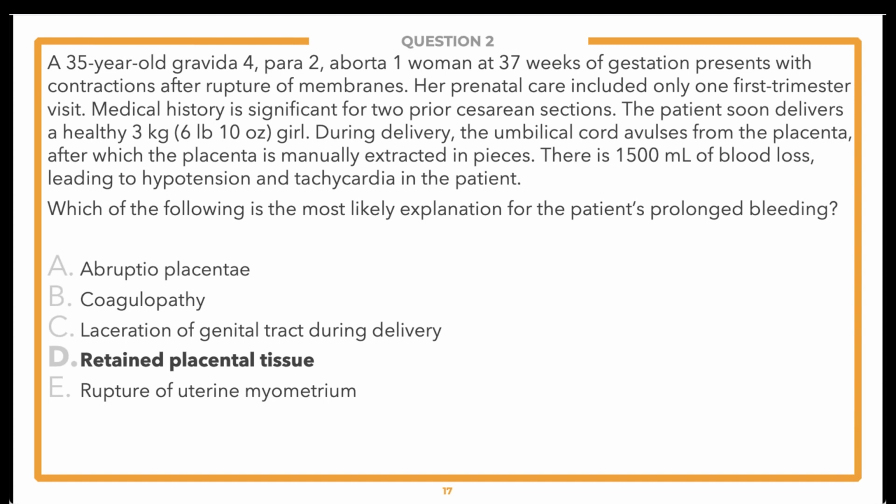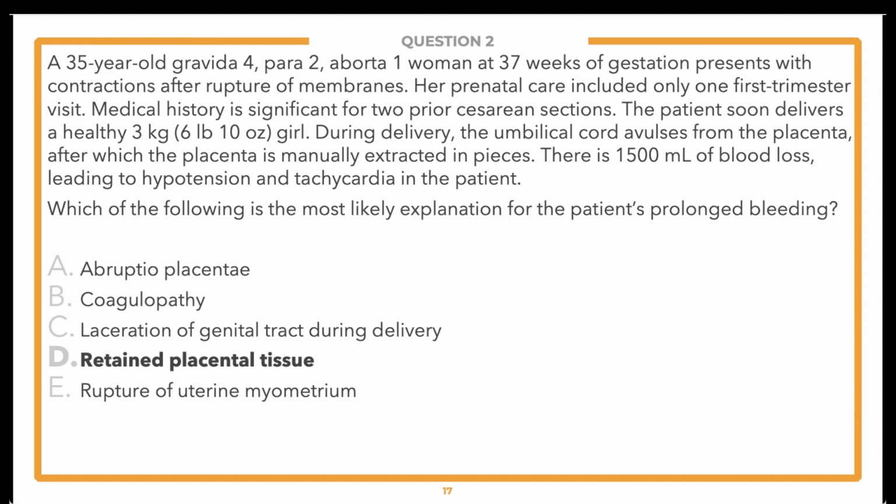So again going from the bottom, and really at the top. Uterine rupture and abruptio placentae aren't common causes of postpartum hemorrhage, or the etiologies for an avulsed umbilical cord.